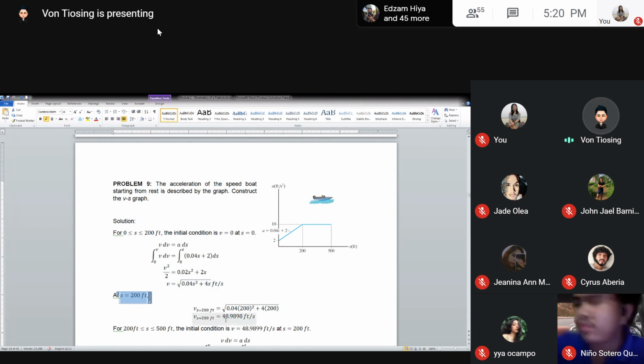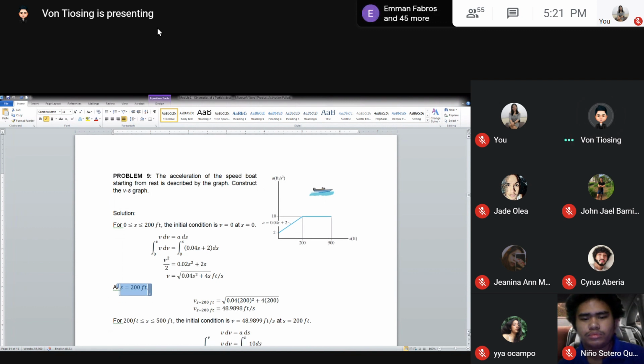So if we substitute 200 feet dito, may makukuha tayo na 0.04 times 200 squared plus 4 times s sa 200, take the square root. So you have 48.99. Okay, nilagay ko lang dito is 4 decimal places.